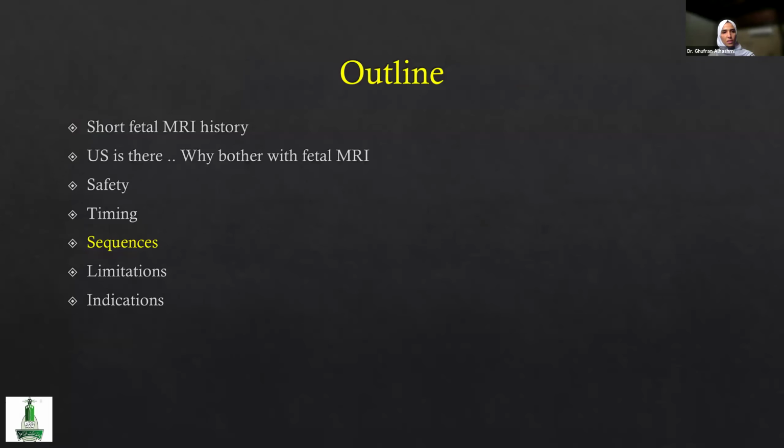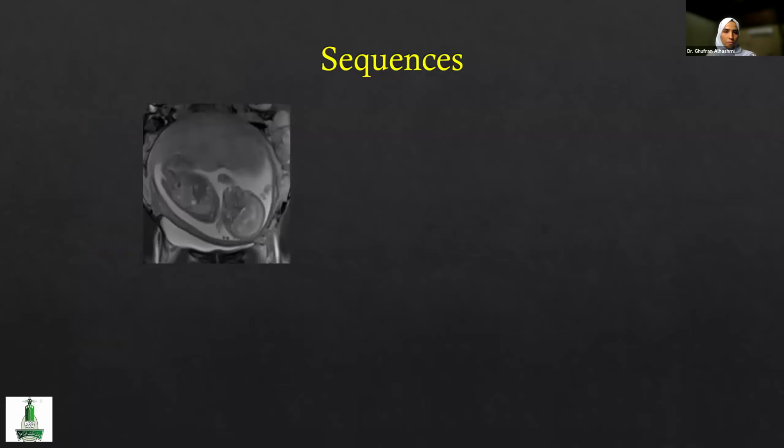What sequences do we use to perform a fetal MRI? So we use a combination of gradient-based and fast spin echo-based sequences to image the brain and then move on to the body.